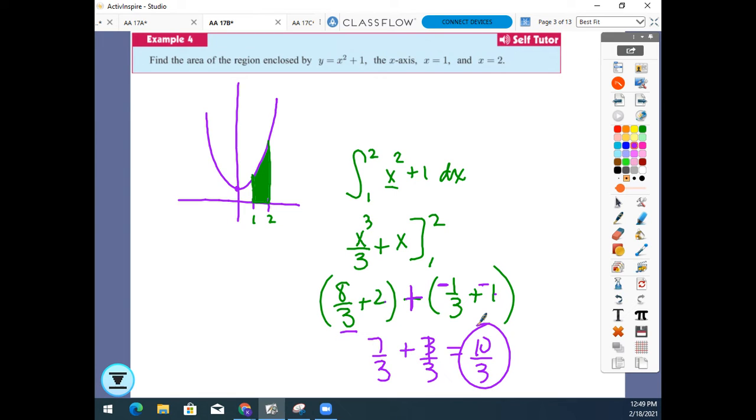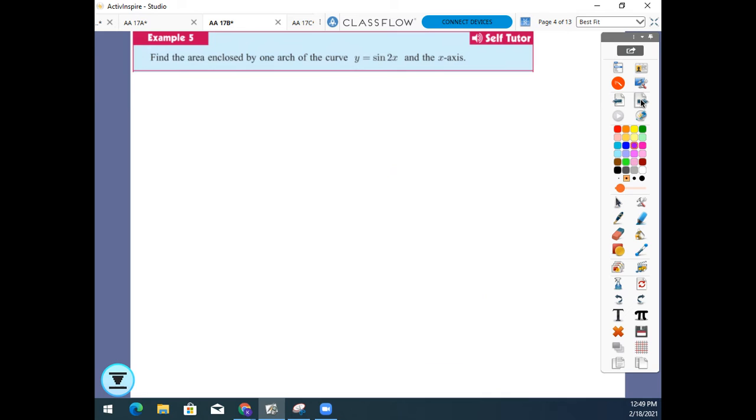Okay. All right. This is being kind of particular. This wants one arch of the sine curve. Now, be careful though. Sine of 2x. This 2 can be construed one of two ways.